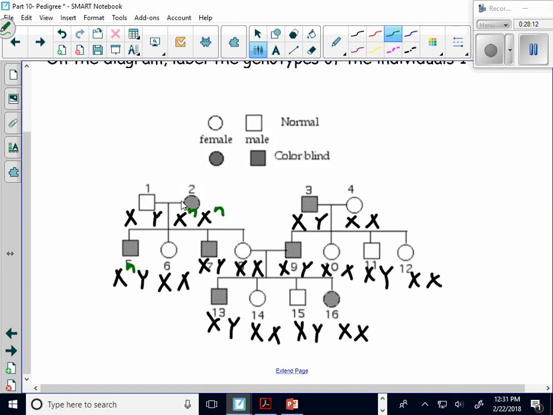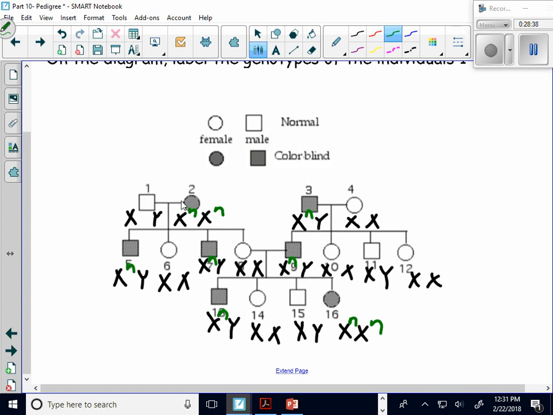There's a colorblind female, colorblind male, colorblind male, colorblind male. Here's a colorblind female, colorblind male, colorblind male. Now, I'm just going to start off at the top to see how I can do.